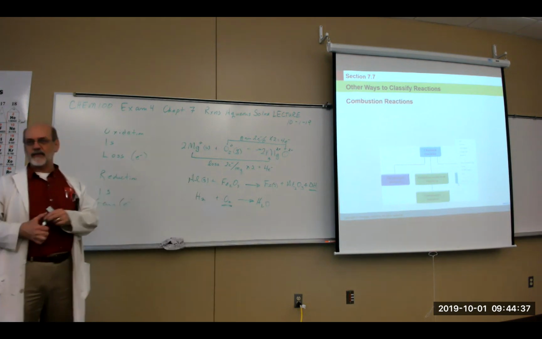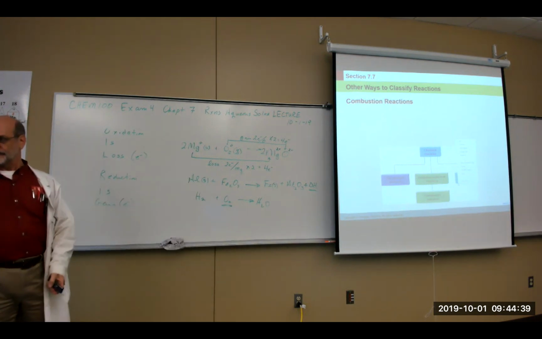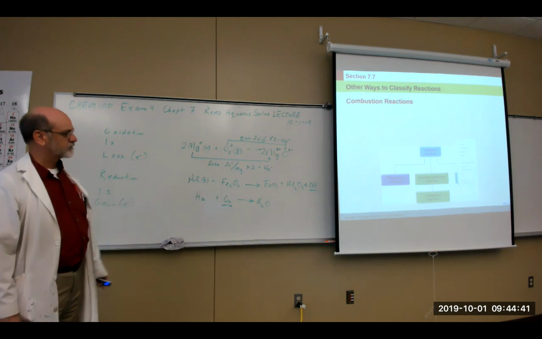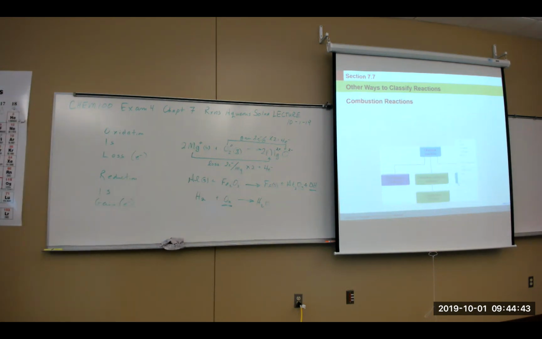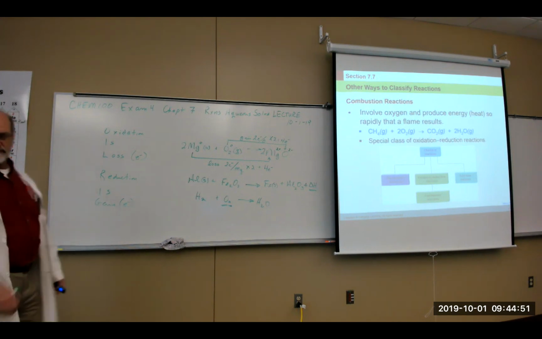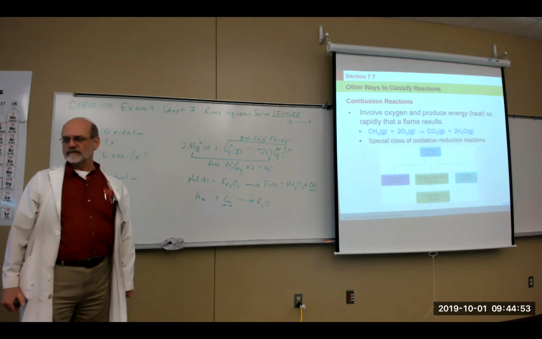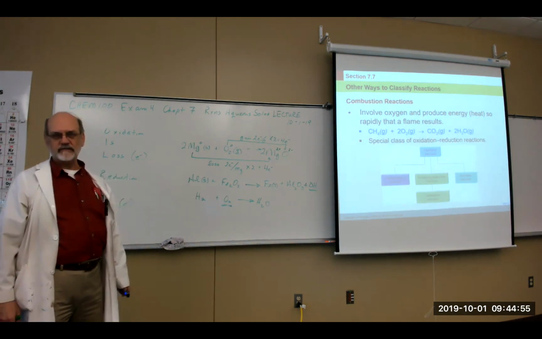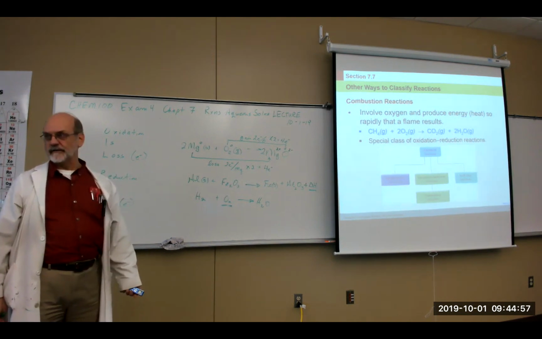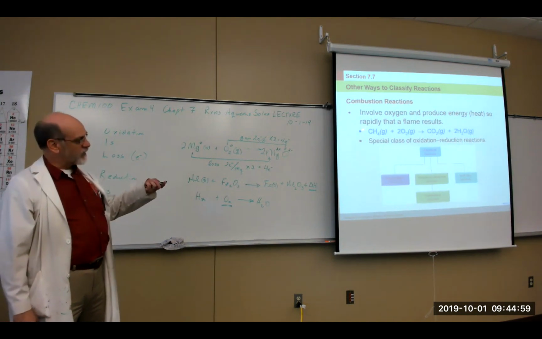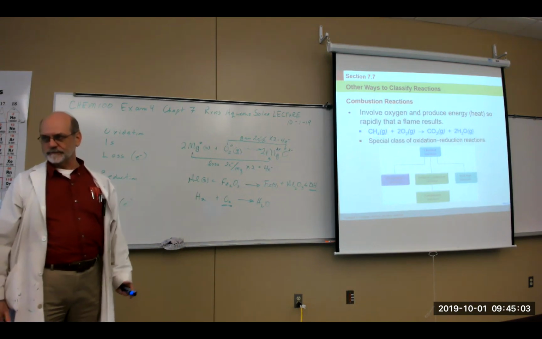Okay, so there's an example, can be both. Natural gas on your stove, that's a combustion reaction. It's also oxidation reduction. Because the primary compound in natural gas is methane, CH4.